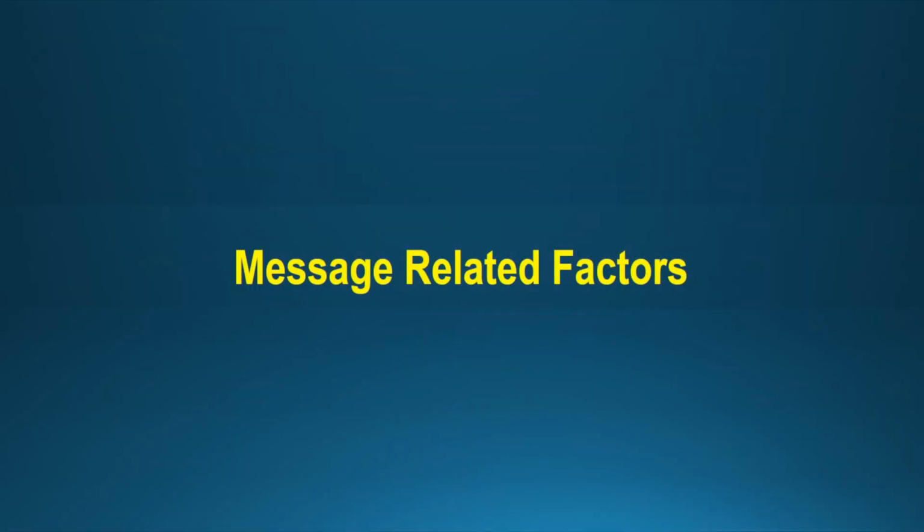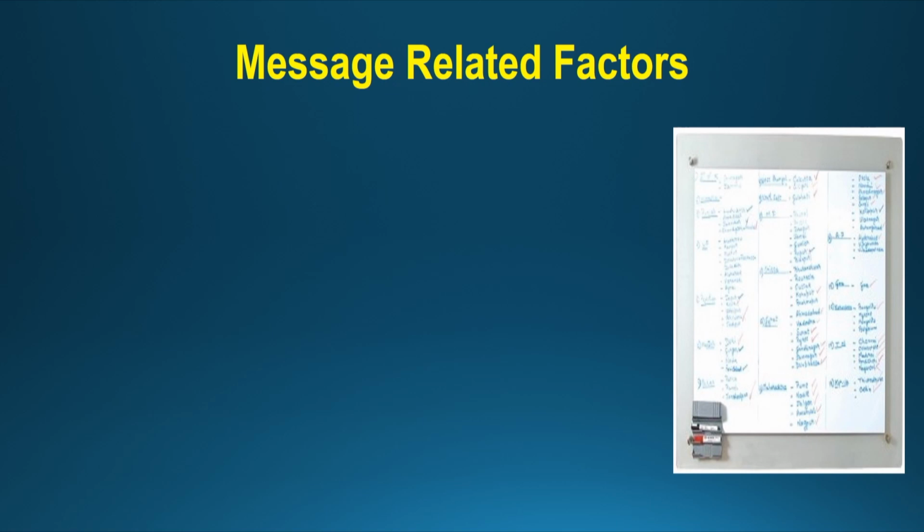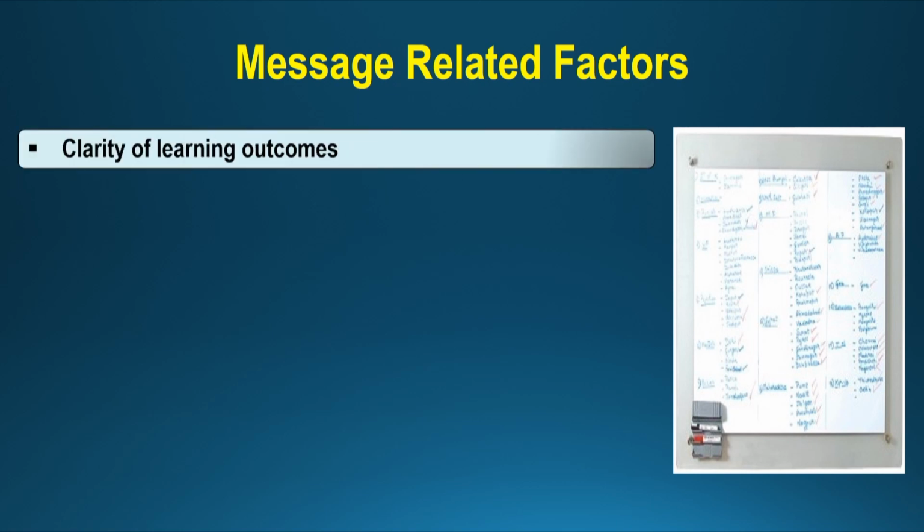There are certain factors which relate to the message itself. If the message itself is not designed properly, it is going to adversely affect the process of communication in the classroom. So, the very first thing which should be specified are the learning outcomes.